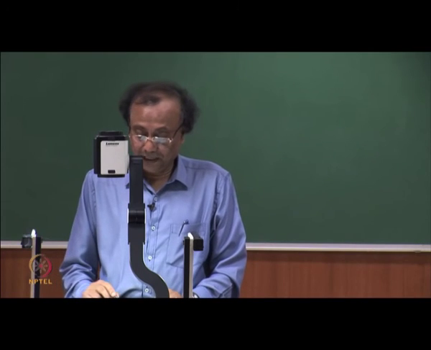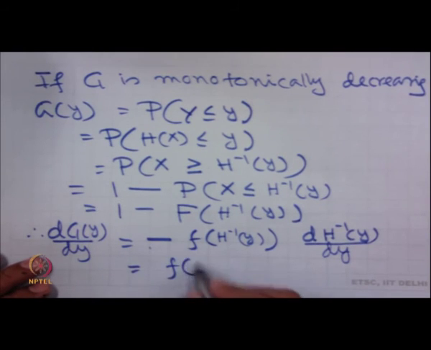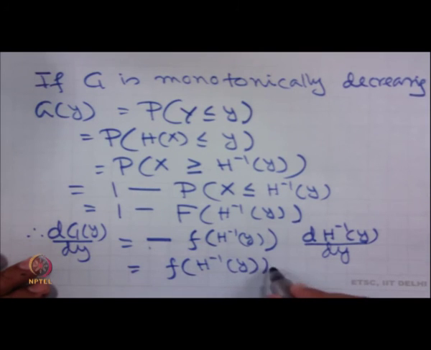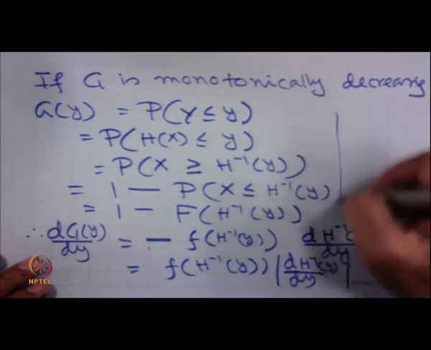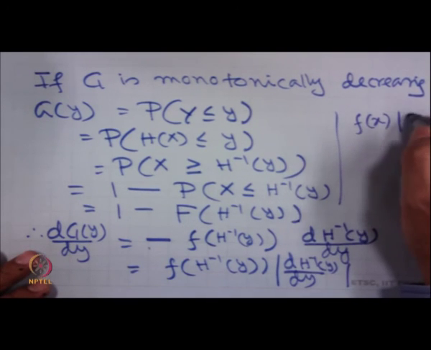Therefore, that multiplied by this minus sign will give you the modulus of the derivative, right. Or we can write it as f x into mod of dx dy.